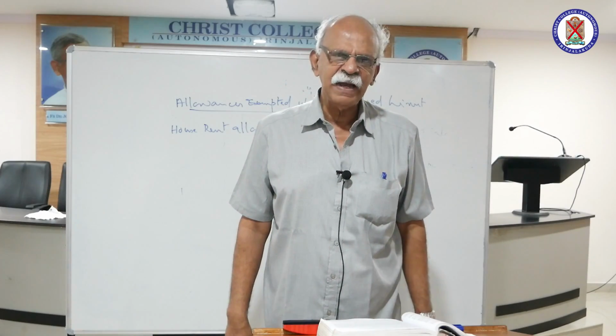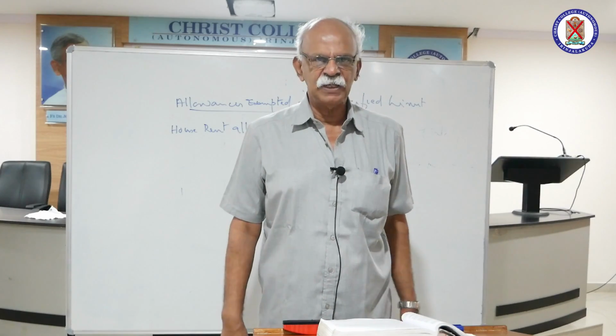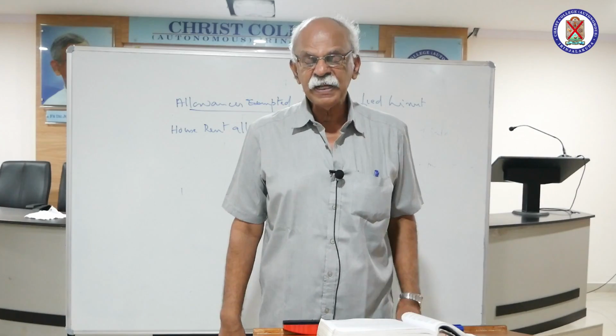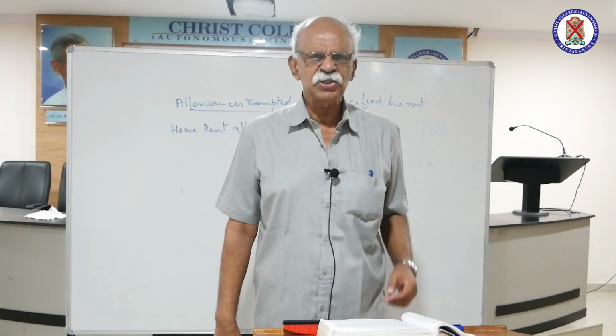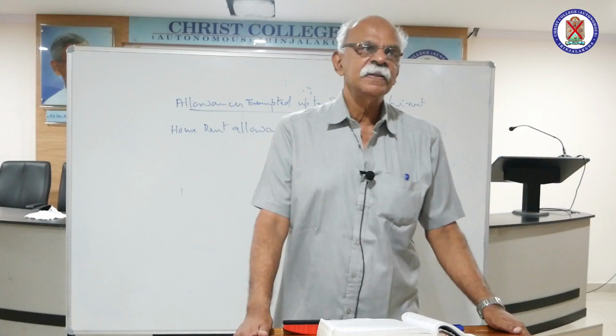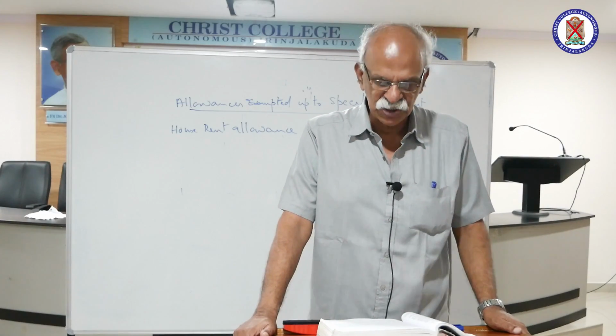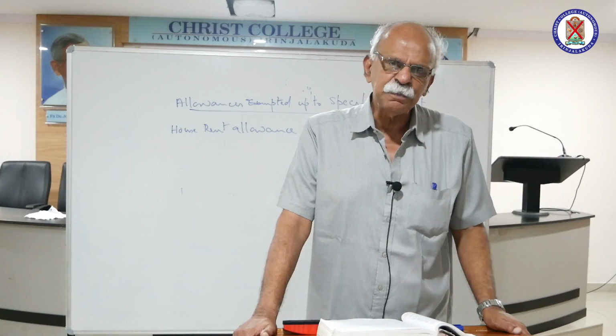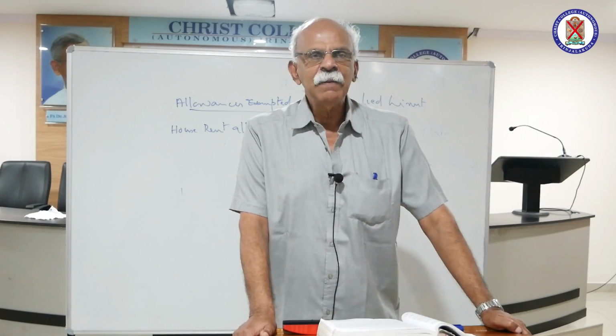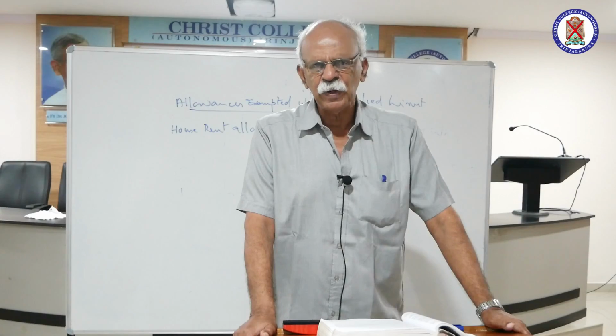Suppose an employee is not having his own accommodation, or he is not having his own house, then he may take a house on rent, or he may take a house on lease. For that, the employer may give an allowance to the employee.